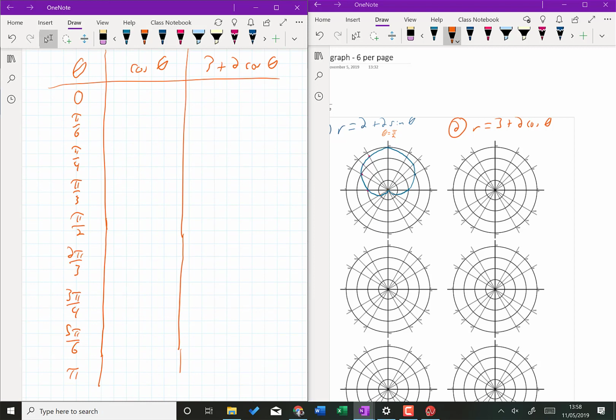It's sometimes helpful to do all of these at once just to get the patterns going and you don't have to think too hard. Cosine of 0 is 1. Cosine of pi over 6 is root 3 over 2, root 2 over 2, root 1 over 2, which I call 1/2, and root 0 over 2. And then you move to the negatives. Negative 1/2, negative root 2 over 2, negative root 3 over 2, and negative root 4 over 2, which I call negative 1.